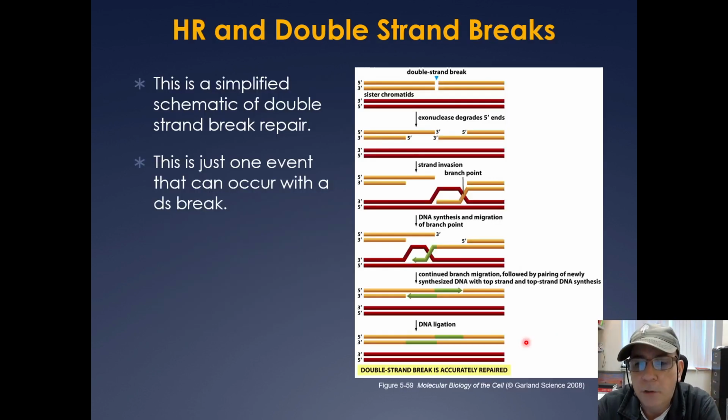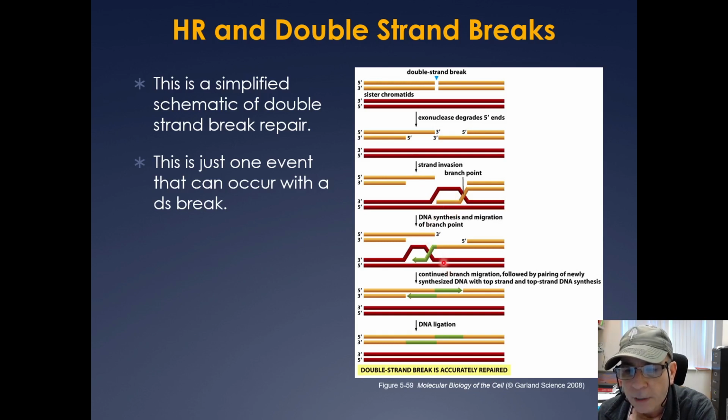Here's how homologous recombination works when you get a double-strand break. This is a very simplified schematic. You get your double-strand break. An exonuclease comes in and chews back in the 5' to 3' direction, leaving you with 3' overhangs. RAD51 and RAD52 will then bind to these 3' ends and cause a strand invasion. The strand invasion happens on both strands of DNA, not just one.